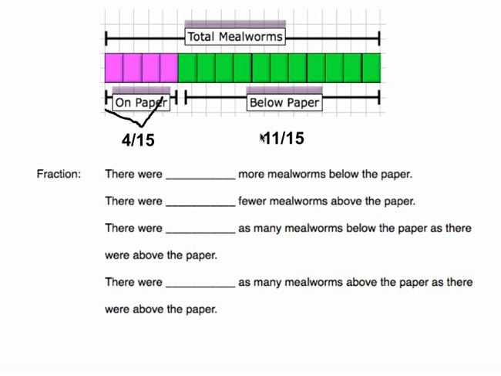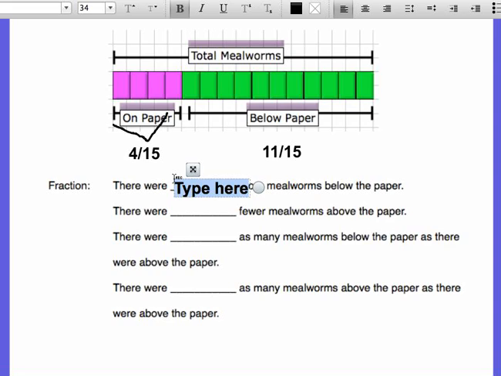Well, 11 fifteenths minus 4 fifteenths would be 7 fifteenths. So there are 7 fifteenths more mealworms below the paper. 7 out of 15 more. And what that also means is there were 7 fifteenths fewer mealworms above the paper, on the paper.